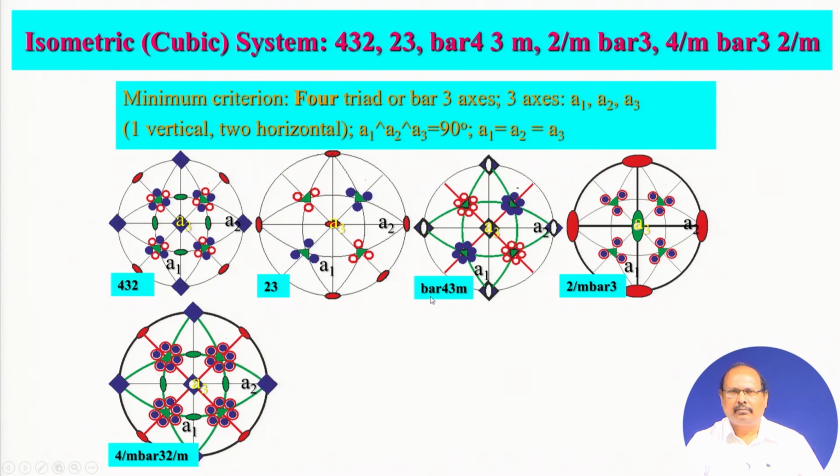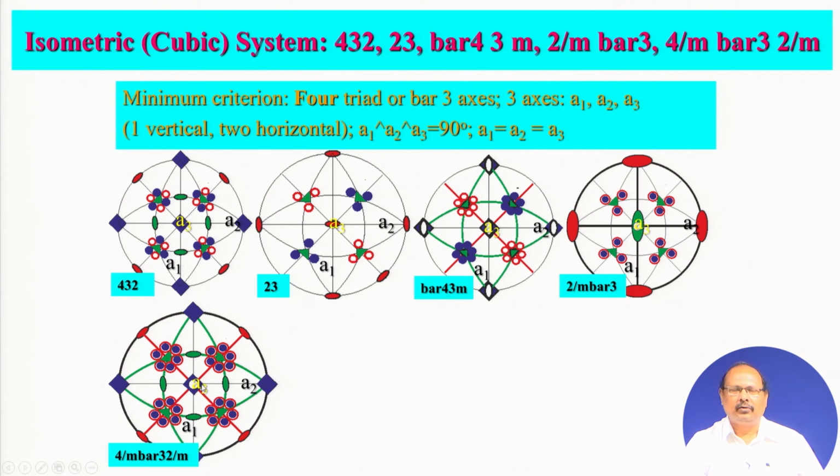In case of bar 4 3 m, the crystallographic axes A1, A2 and A3 coincide with the 3 bar 4 axes. In case of 2 over m bar 3, they coincide with the 3 2-fold axes of symmetry, and in case of 4 over m bar 3 2 over m, they coincide with the 3 4-fold axes of symmetry here.